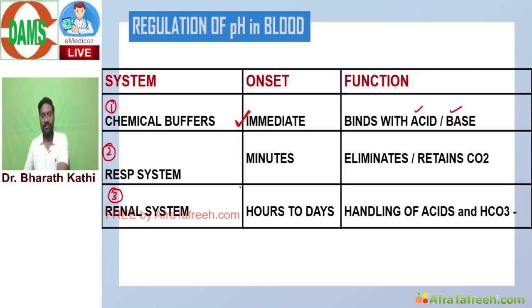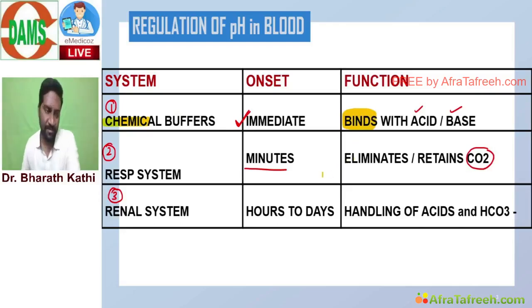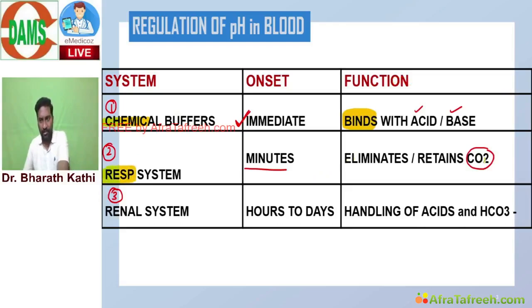Then the respiratory system acts within minutes. And how does it maintain acid-base balance? By controlling the carbon dioxide. The chemical buffer is going to bind with acid or base and control the change in pH, whereas the respiratory system is going to control CO2. Either it eliminates CO2 or it retains CO2 to maintain the acid-base balance.